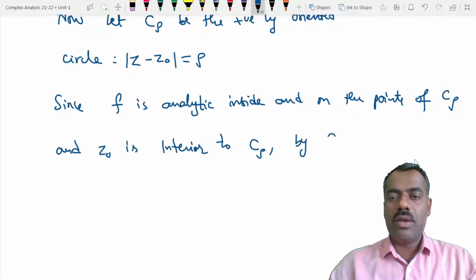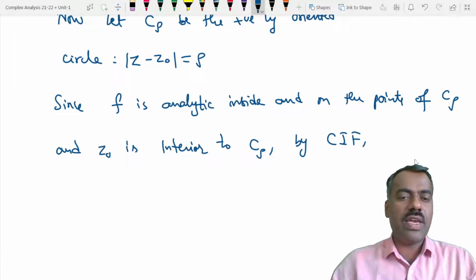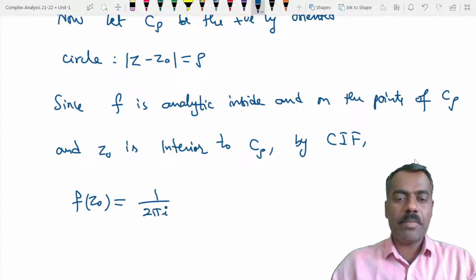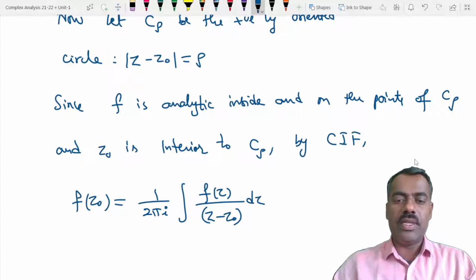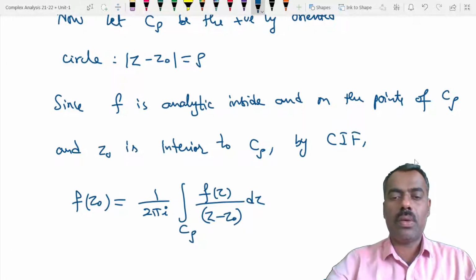Therefore, by the Cauchy integral formula, the value of f of z naught is 1 by 2 pi i times the integral of f of z upon z minus z naught dz over C rho.